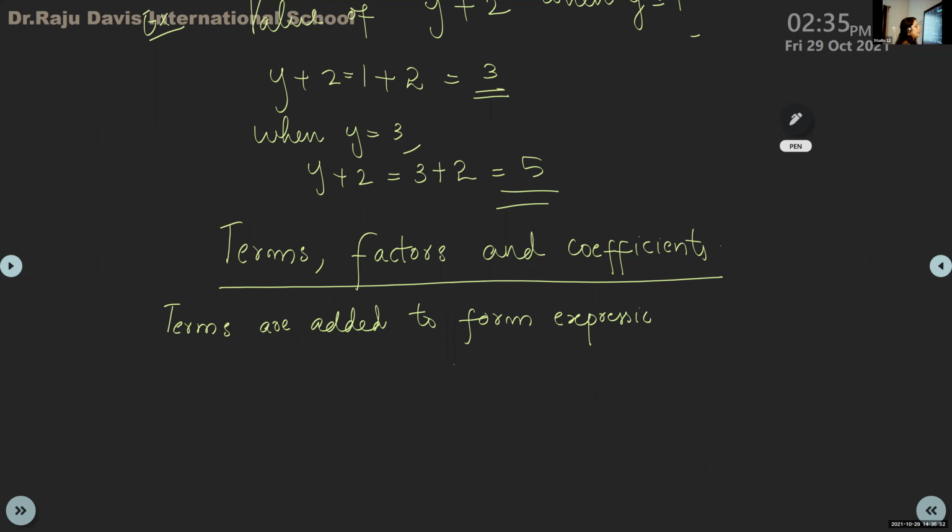Therefore, in 4x plus 5, what are the terms? 4x and 5.